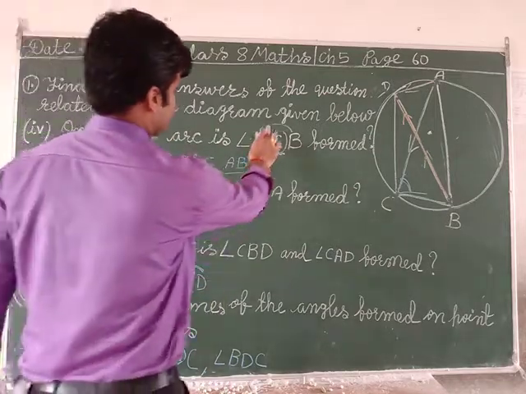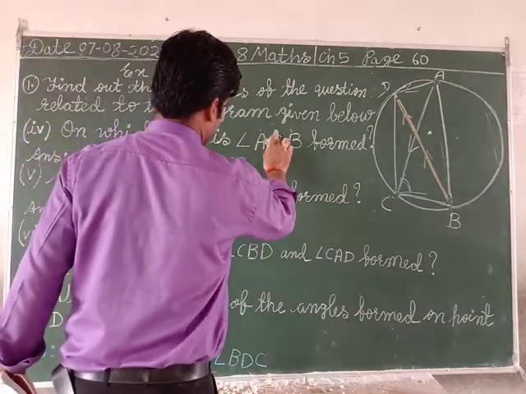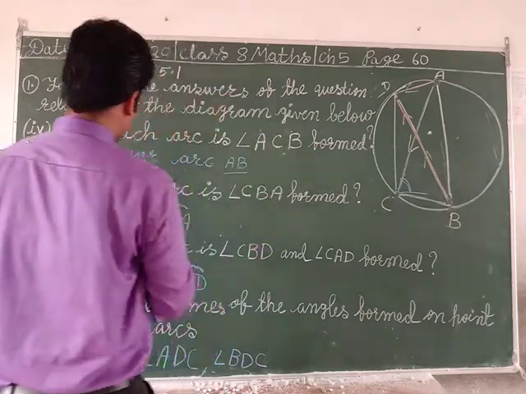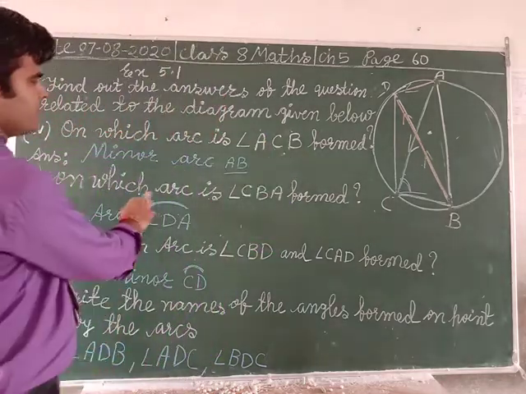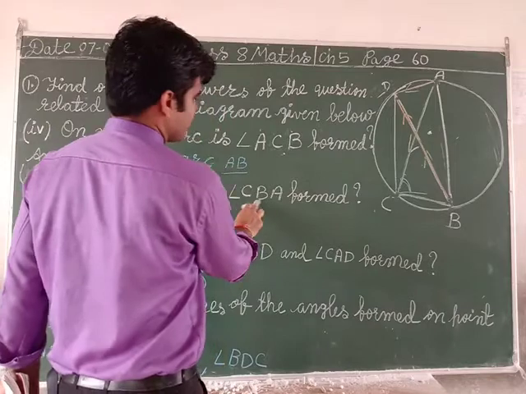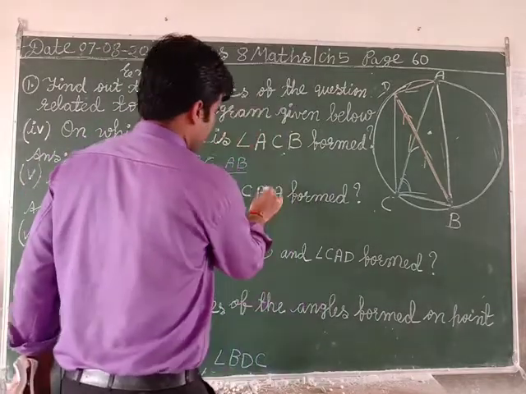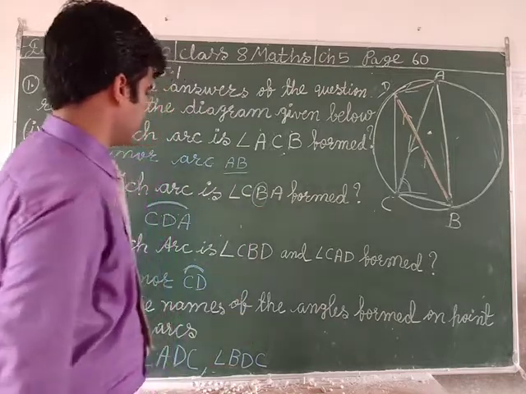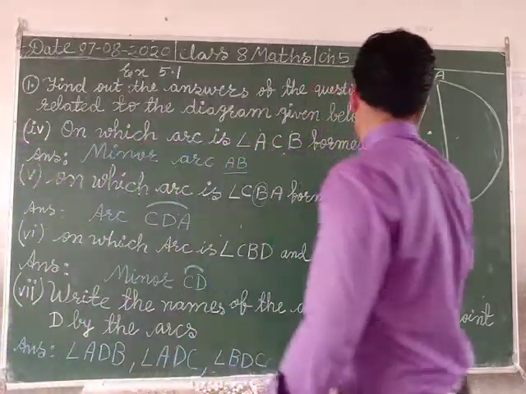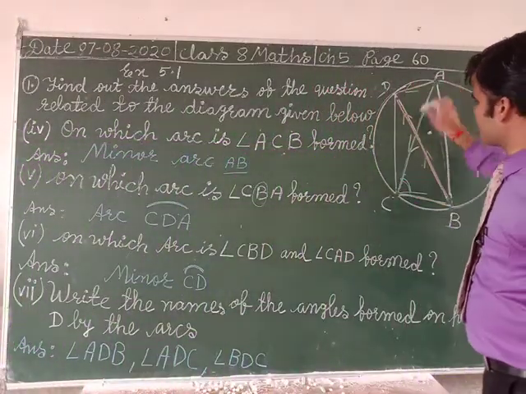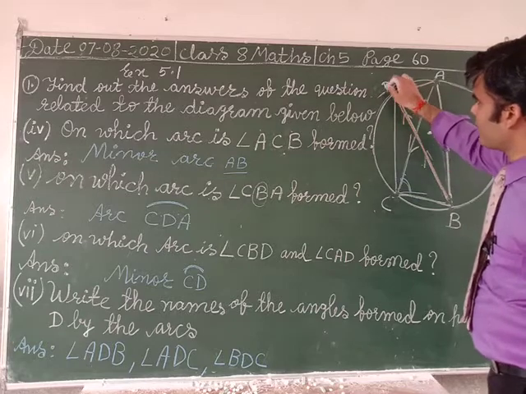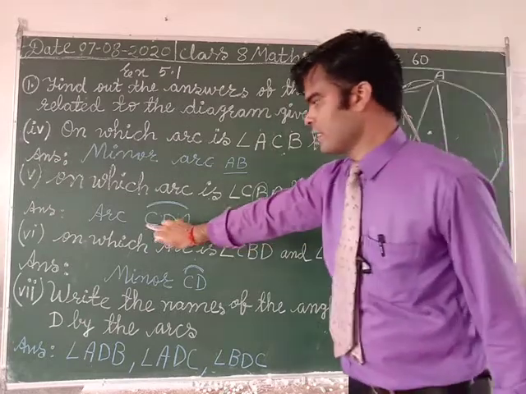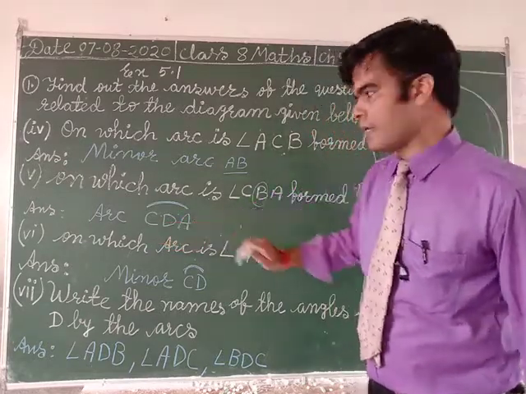Same as in question number 5. On which arc is angle CBA? In the middle is B, so forget the B. What is left? CA. This is line CA, but if you go through the arc, there is a point D. So you have to mention arc CDA.